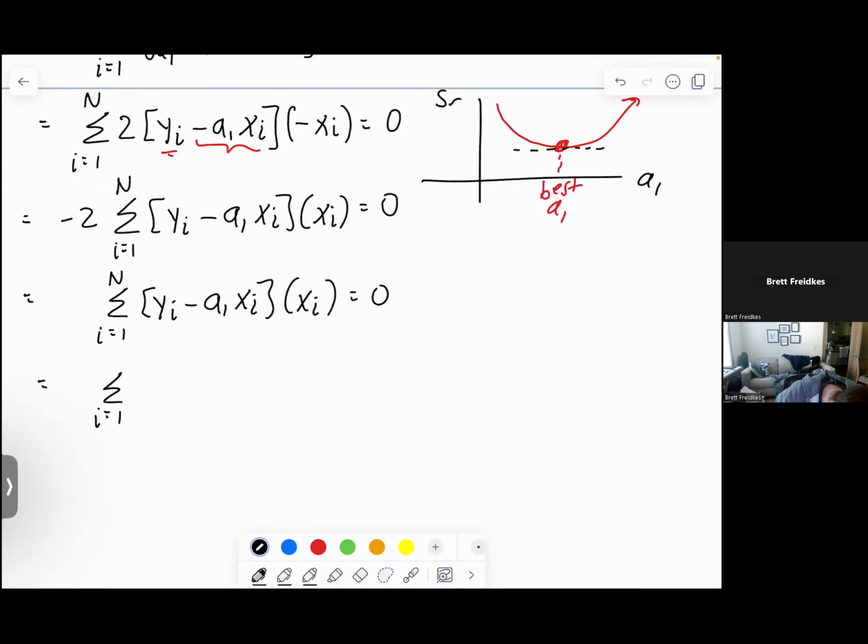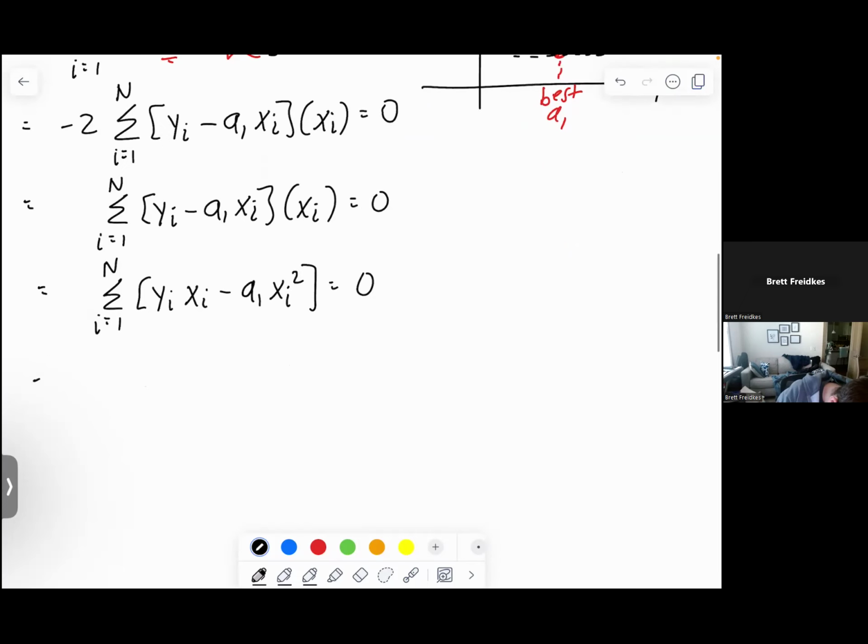The benefit of distributing that is that we will end up with a subtraction of 2 terms inside the series, and we can apply that summation to both of those terms individually. So this will be the summation of yi xi minus the summation of a1 xi squared. And that whole thing's equal to 0.